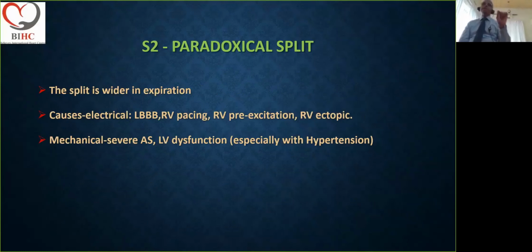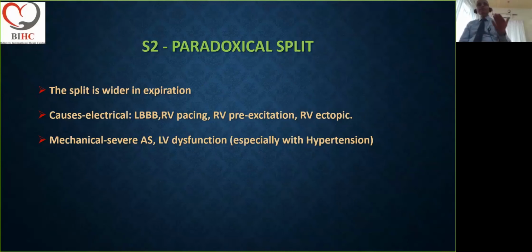A normal endocardial pacemaker lead is located in the RV. If you have pre-excitation, a WPW with an accessory pathway on the right side, you have a similar situation. If you have an ectopic beat arising out of the RV, during that ectopic beat, you can get a paradoxical split. So these are the electrical reasons by which a paradoxical split occurs.